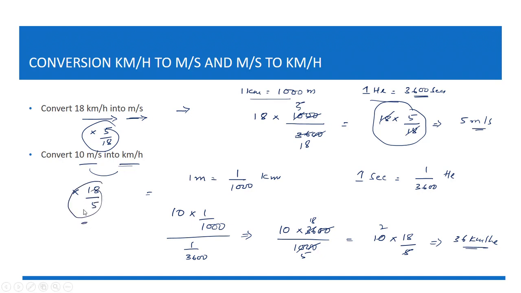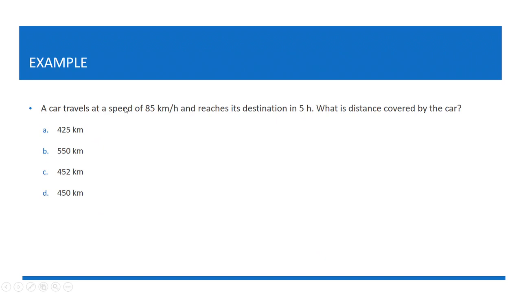Hope you understood, right? Let us solve one problem. A car travels at a speed of 85 km per hour and reaches its destination in 5 hours. What is the distance covered by the car? We know the formula. Here they have given speed, speed is equal to 85 km per hour, and time they have given 5 hours. The unit you need to concentrate on: kilometer per hour and hours, so directly we can do it.